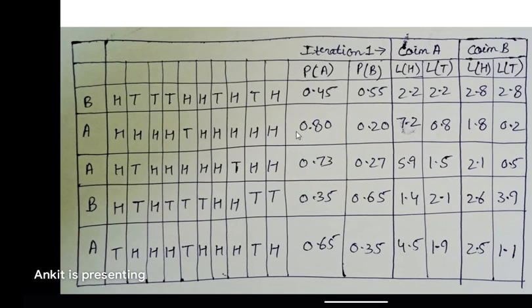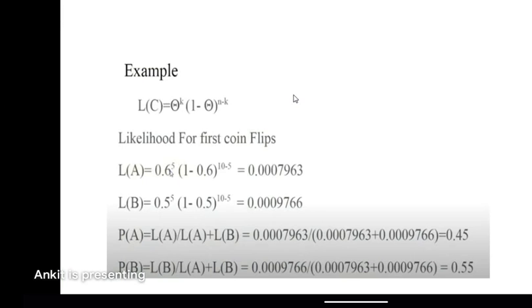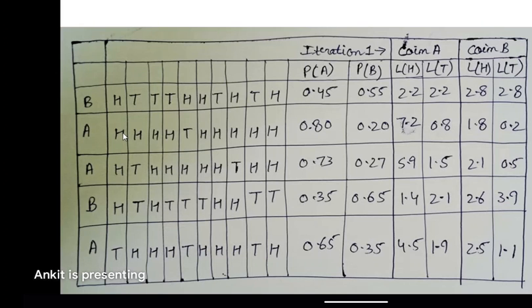So again we have to calculate PA and PB by using this formula. Now this K and N will be changed, and what will be these values? This K will be 1, 2, 3, 4, 5, 6, 7, 8, 9.